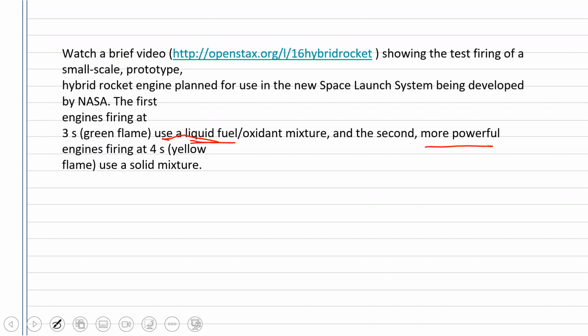The first engines firing at 3 seconds used a liquid fuel. So when we have a fuel which is a liquid fuel, it's less powerful. When we have the fuel to be a solid fuel, it's more powerful.